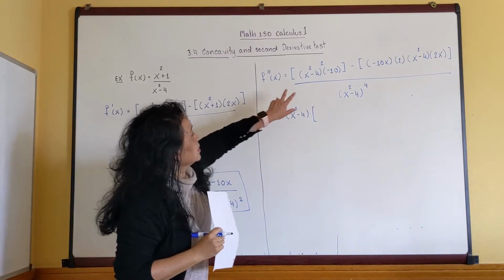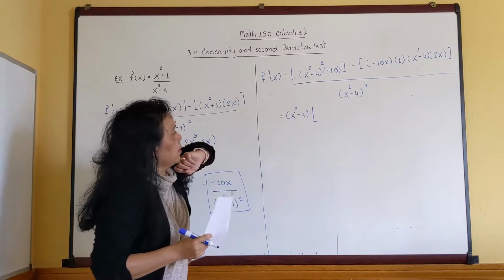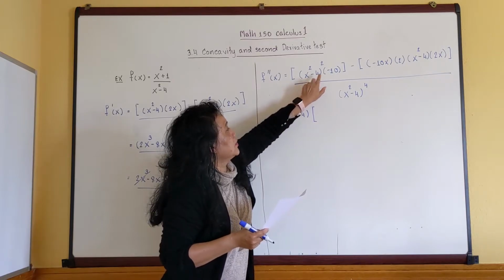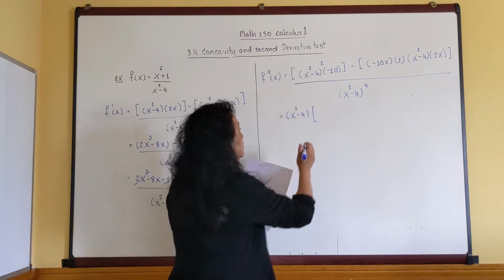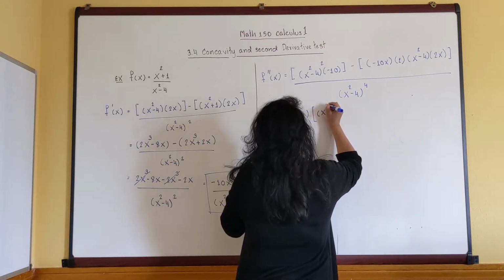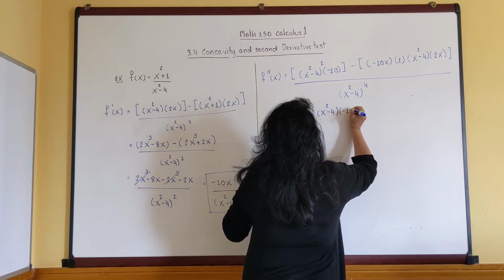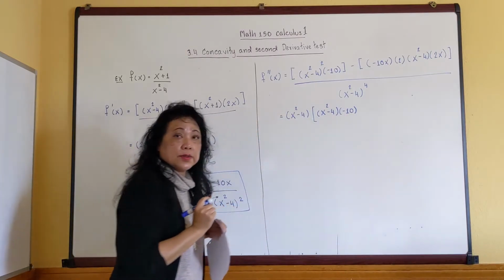Now look at the first term. I factor out x squared minus 4. I'm left with x squared minus 4 because I have 2 of them, and minus 10. That's for my first term.